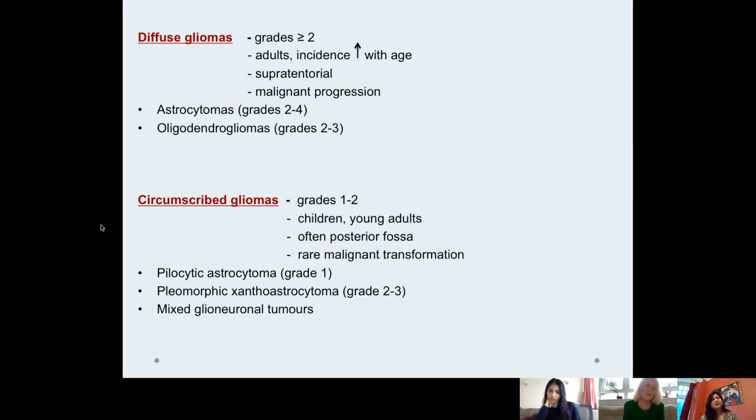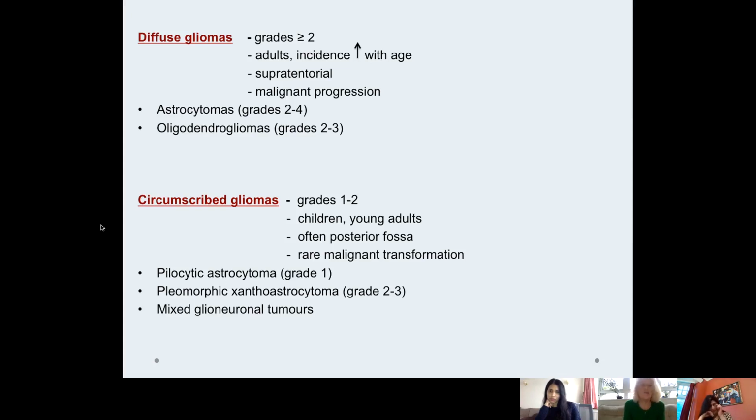Diffuse gliomas are the typical CNS tumors of adults, and in fact their incidence increases with age. They are almost always supratentorial, malignant infiltrating tumors. And importantly, they have a tendency to become more malignant over time.